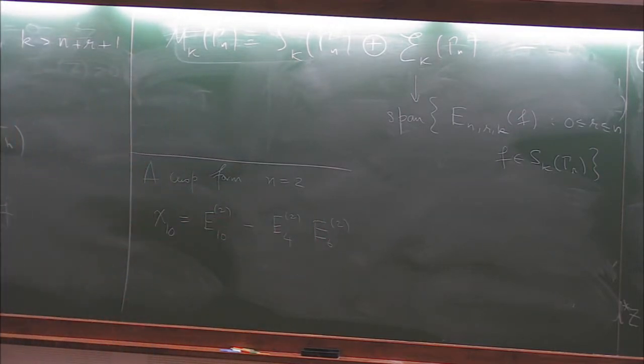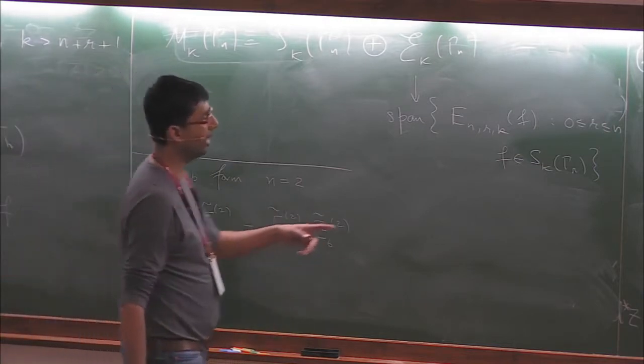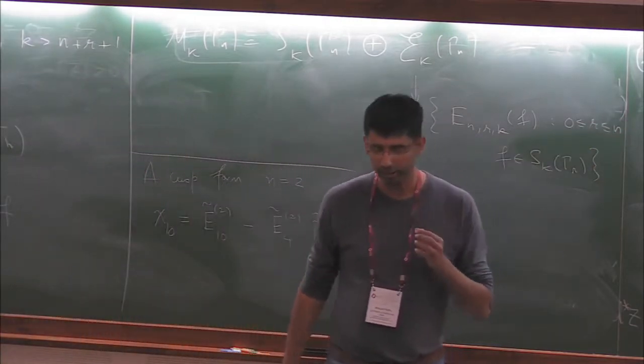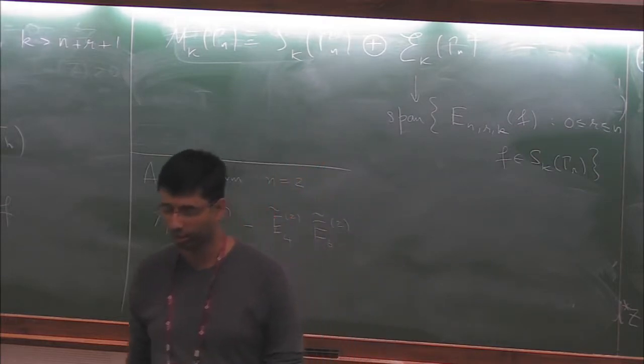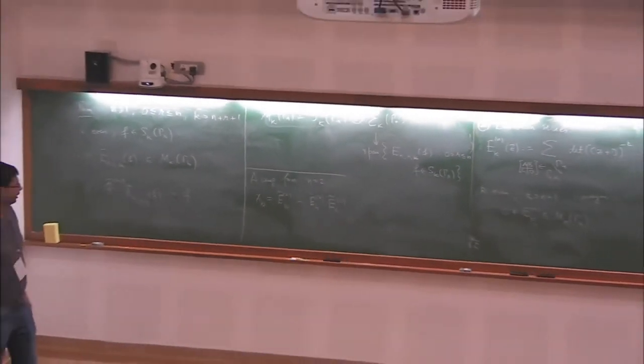So you can see that the weight is 10, and I'm looking at the difference of these, so this is a modular form of weight 10. I want to normalize these, so I'm putting a tilde up here so that the 0th coefficient is 1, which is a useful thing to do.